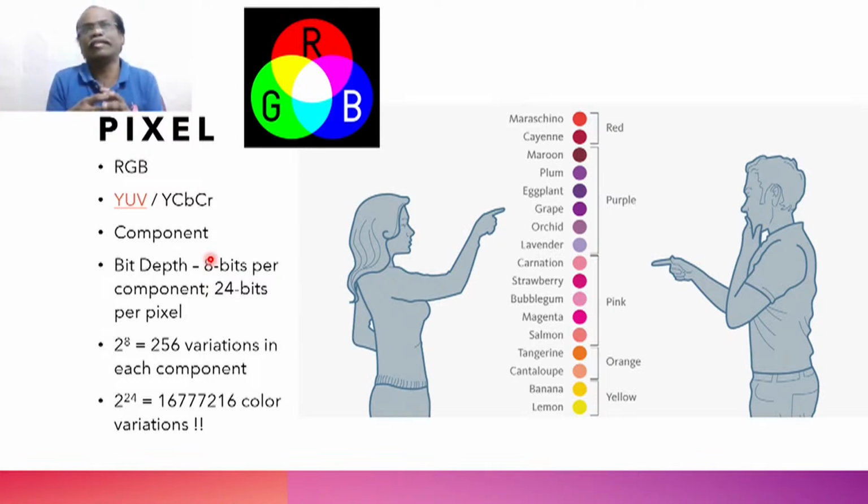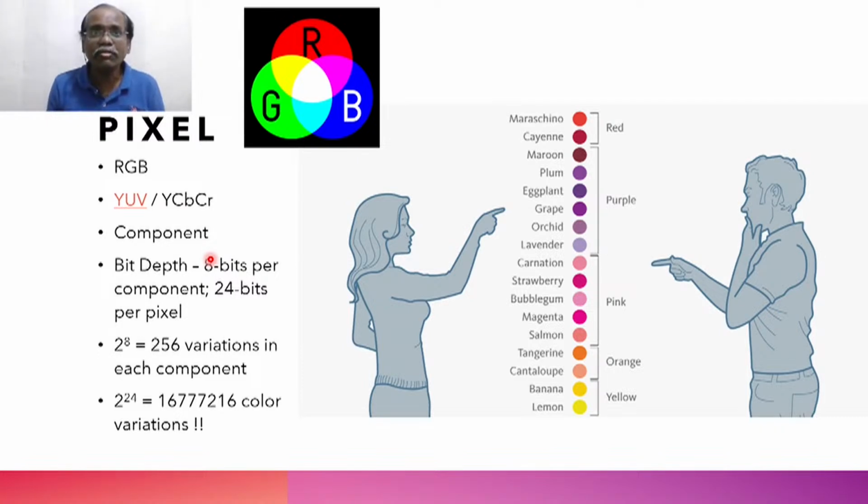So, if I put together, how many variations? 2 power 24 variations. That means 16,777,216 color variations in one pixel. That many colors are possible in one pixel. 16 million colors. Why is it required?